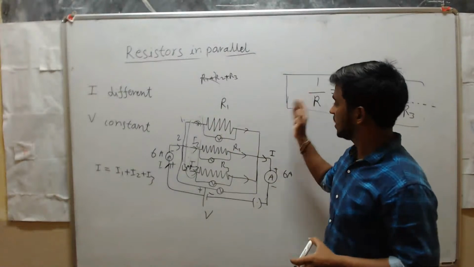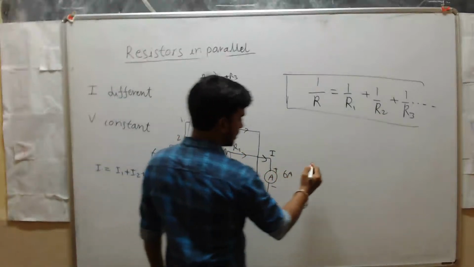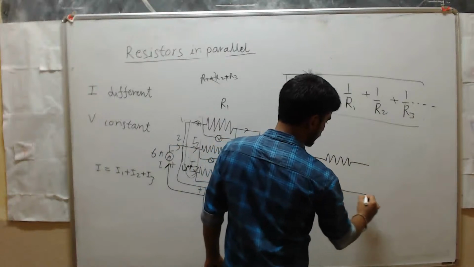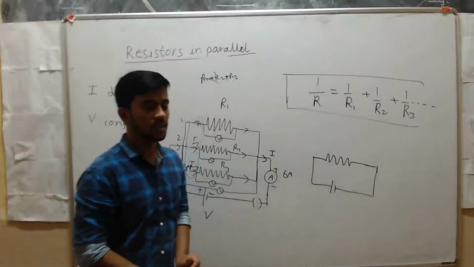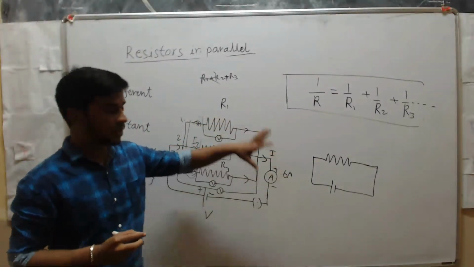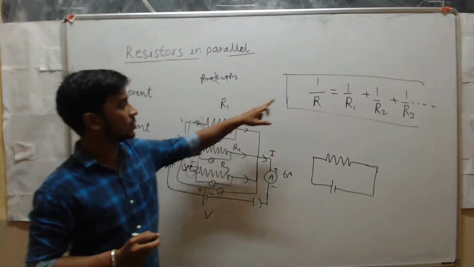If you calculate that, then finally you will get this entire circuit like this. You can't make it directly. If you want to make these resistors as one resistor, then you have to use this formula.